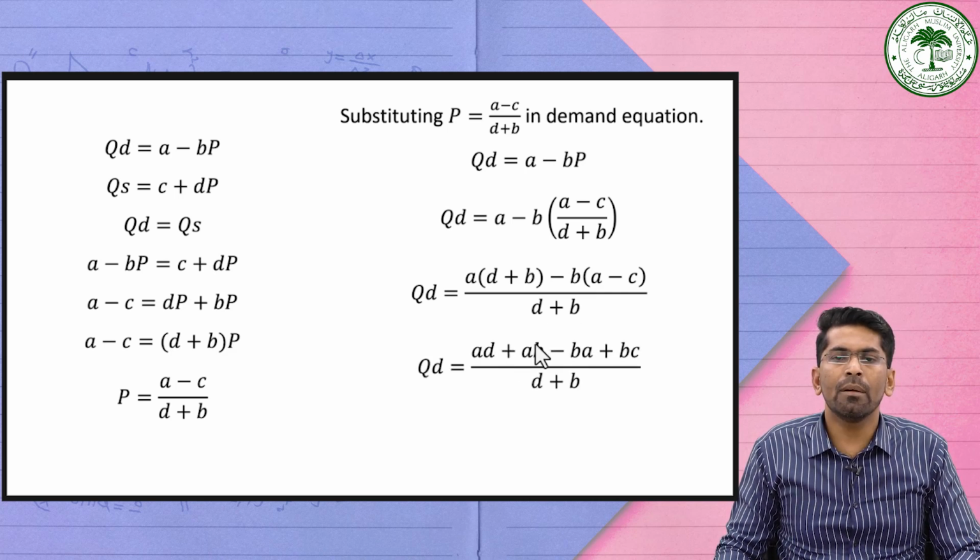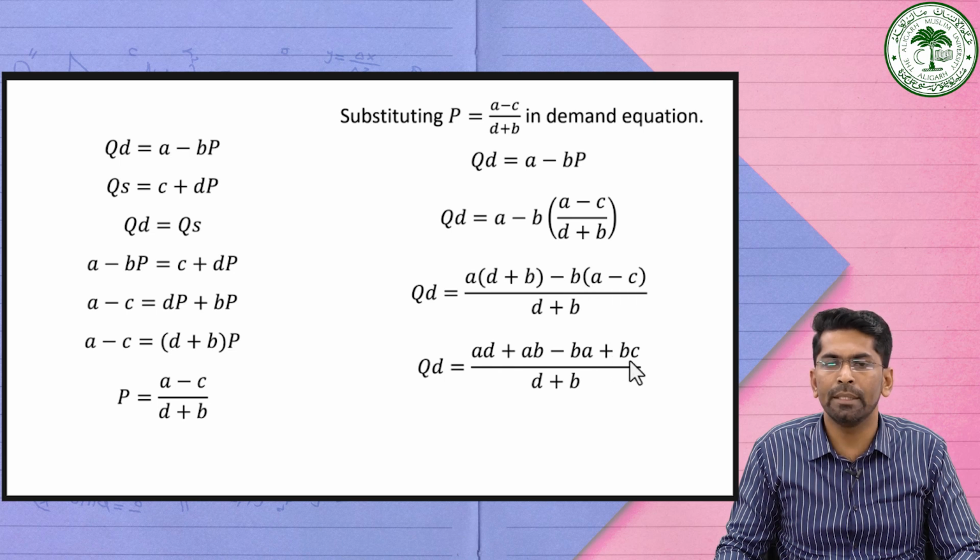Now we are going to multiply this by opening the bracket. So it will become A into D plus A into B minus B into A minus B into minus C. So it will become plus BC, whole divided by D plus B.